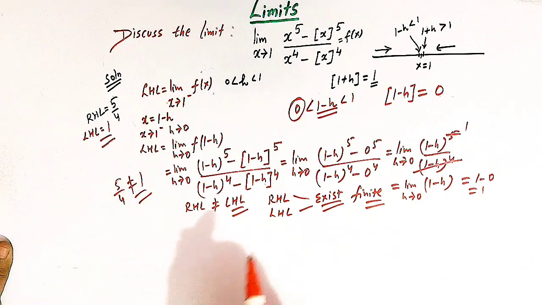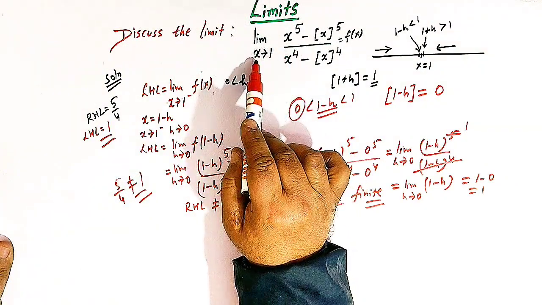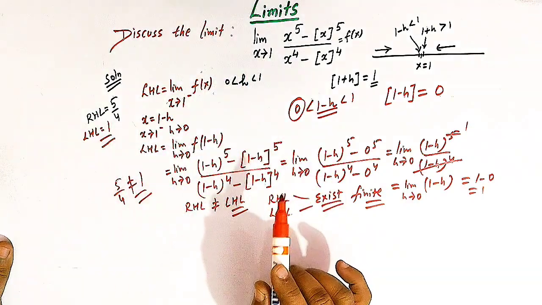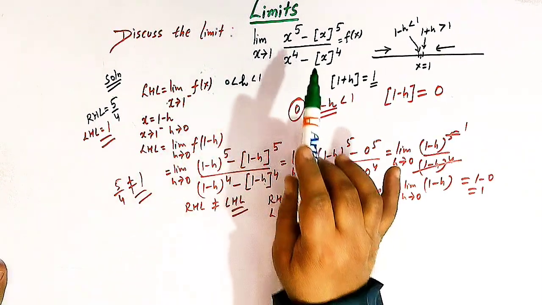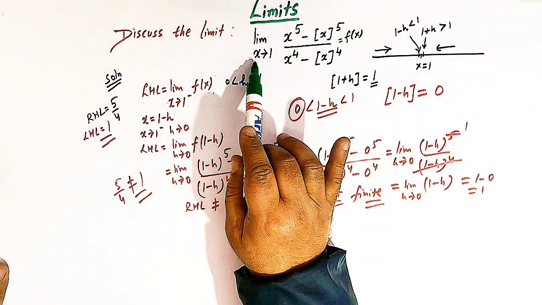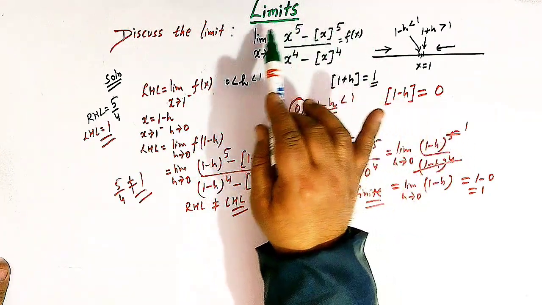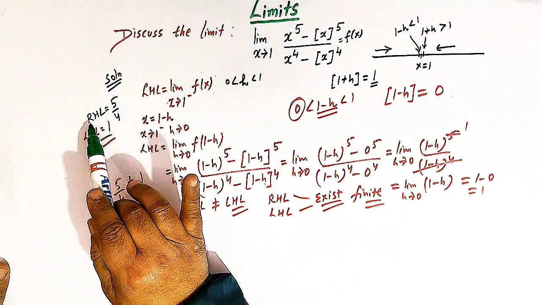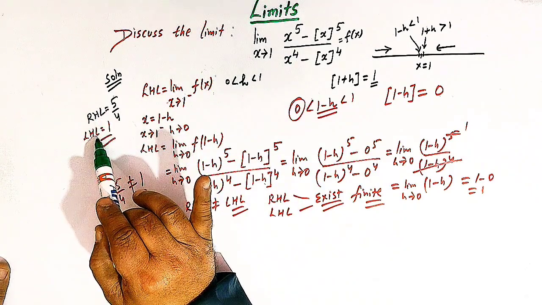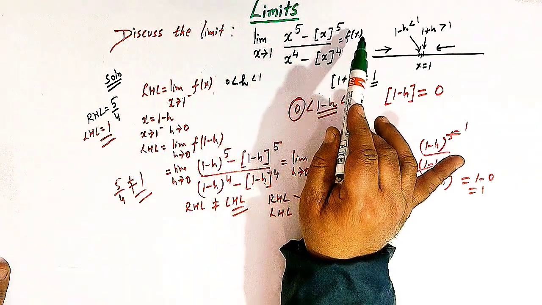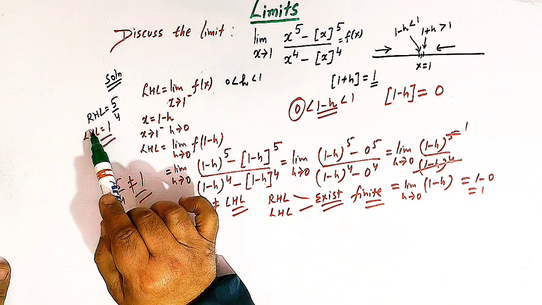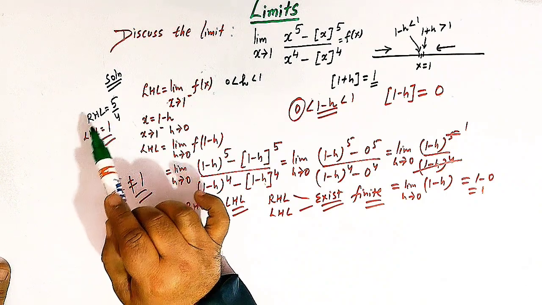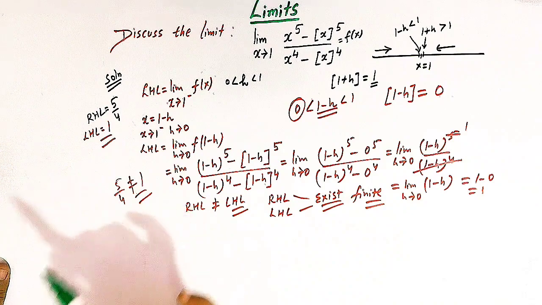So we can say that the limit of this function when x approaches 1 does not exist, because the right hand limit is different and the left hand limit is different, right? So for the existence of the limit of a function at a given point, both the limits must coincide, right? And moreover, both the limits should be finite.